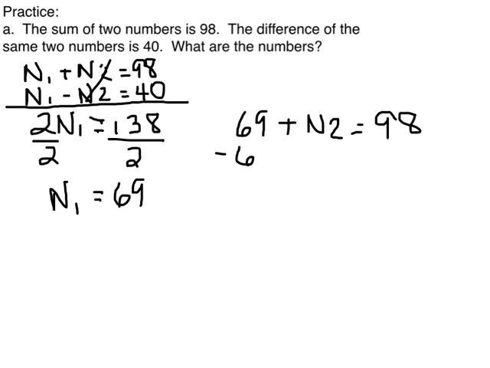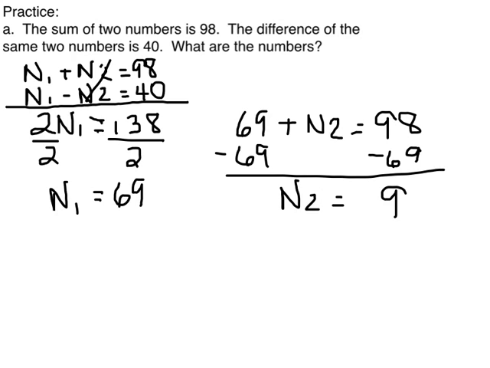Well, if we subtract 69 from both sides, we're going to see that n2, number 2, is equal to 29. Alright, we can check that in the second equation. Let's see, n1, which is 69, minus n2 equals 40.